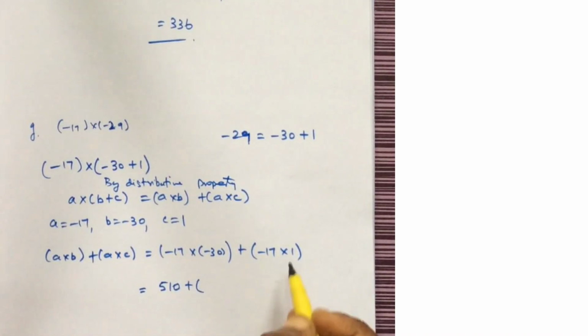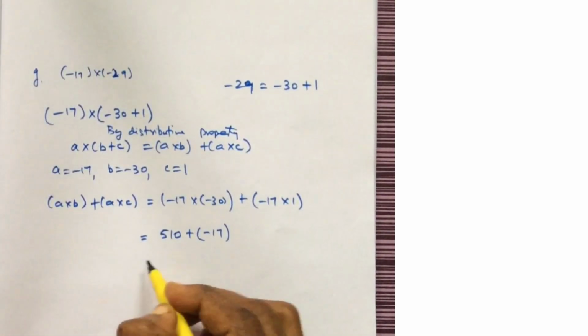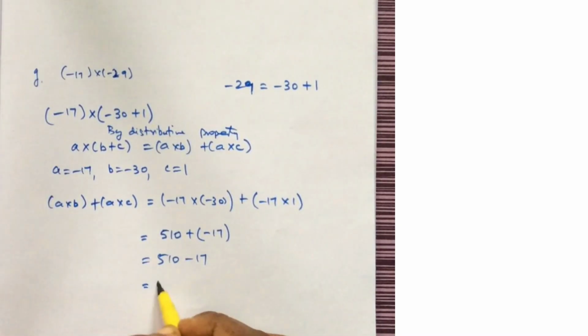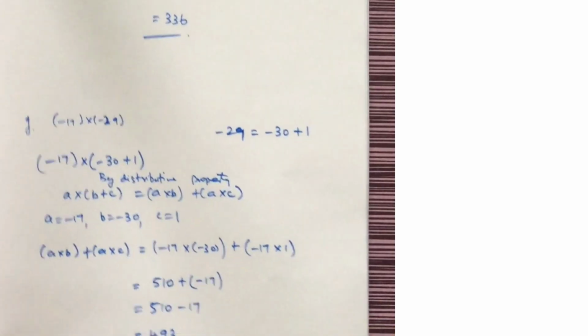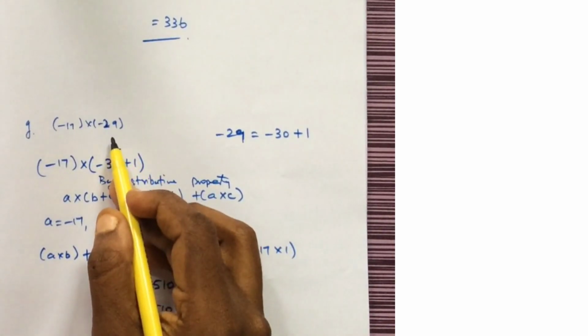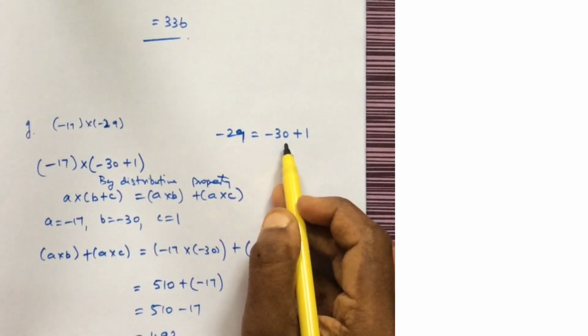So plus 17 multiplied by 1 is minus 17, which is 510, plus into minus, minus 17, that is equal to 493.